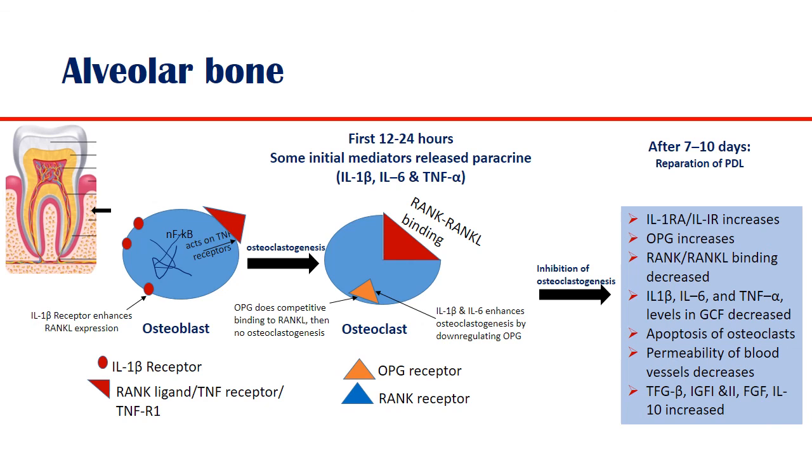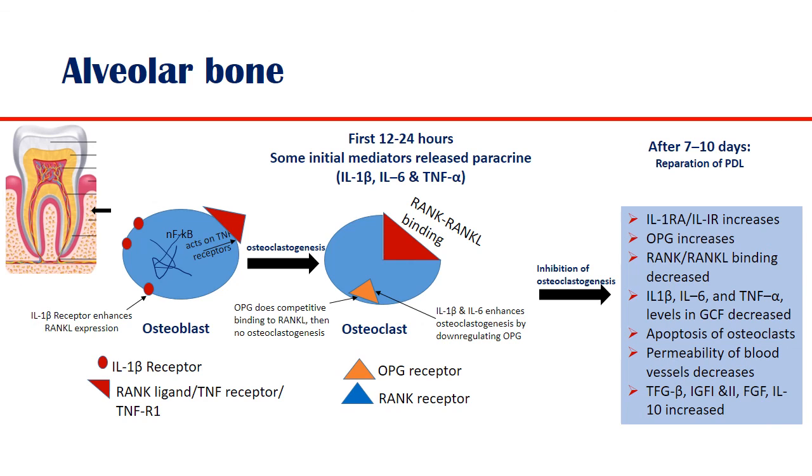How? There is an osteoclast in its vicinity. This receptor is present on the osteoblast, the RANK ligand, which is receptor activator of nuclear factor kappa ligand.